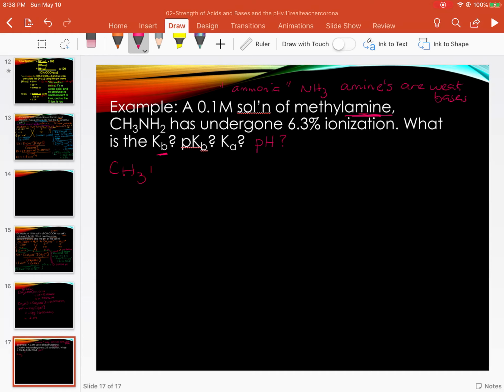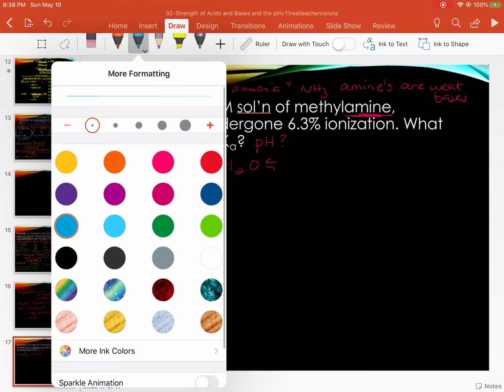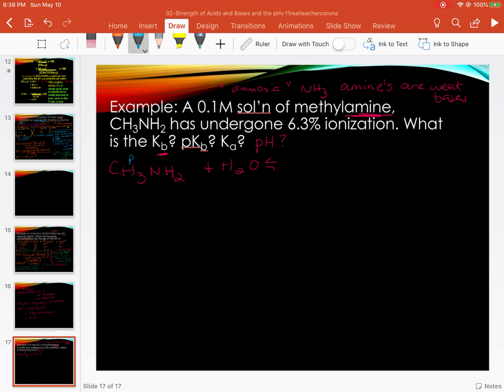Okay, so this time when we write the equilibrium expression, it is a little bit easier if you leave the water in, because what's going to happen is this is a proton donor. Let's pick a blue color.